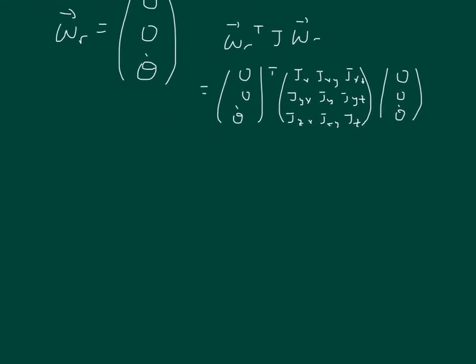When we multiply all of that out, because the zeros will cancel with everything, we're going to get theta dot squared times jz.